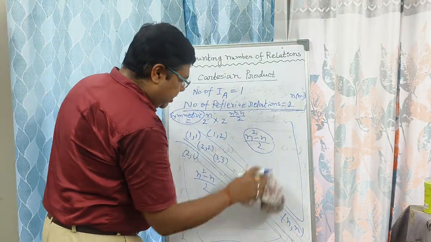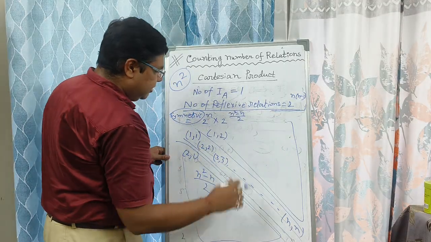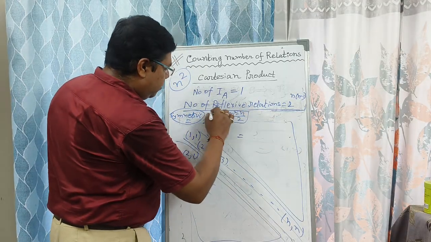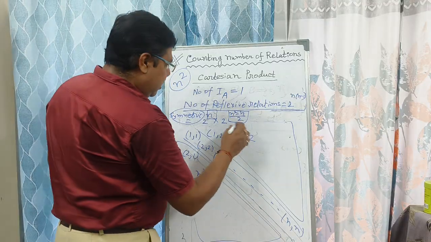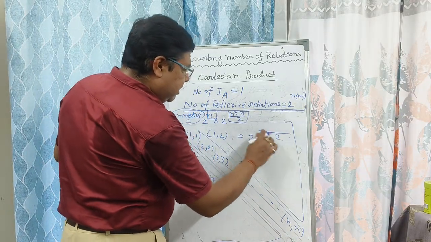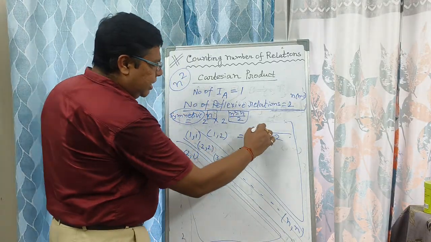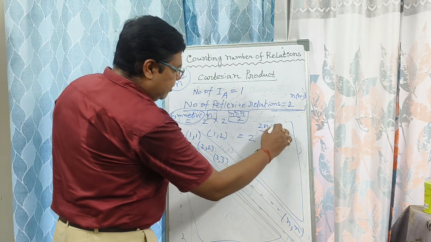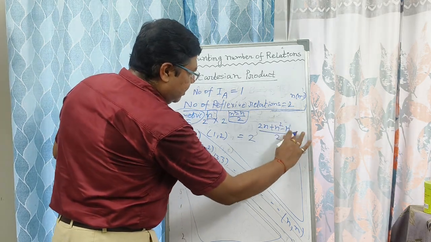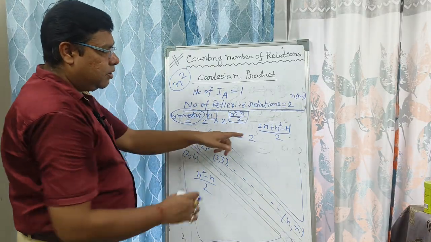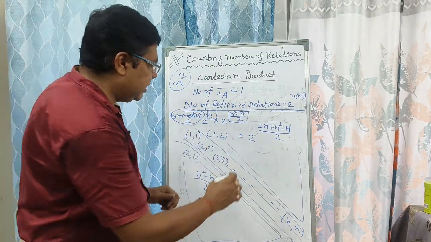Now if I simplify this, both are powers of 2, so I will add both the powers. The LCM will be 2, and here it will be 2n plus n square minus n. This I will get as the number of symmetric relations.